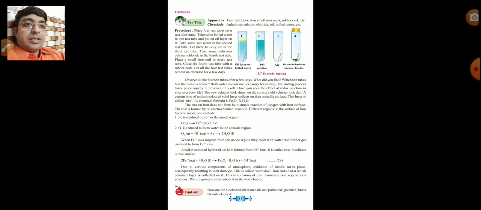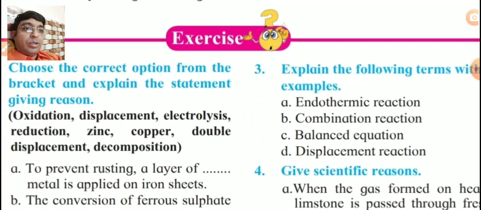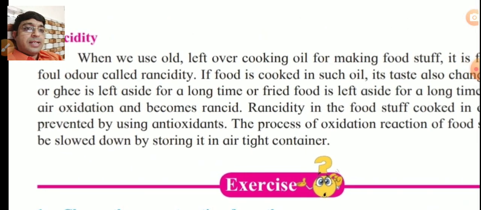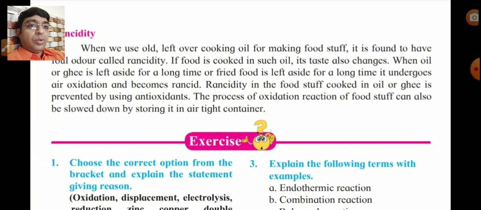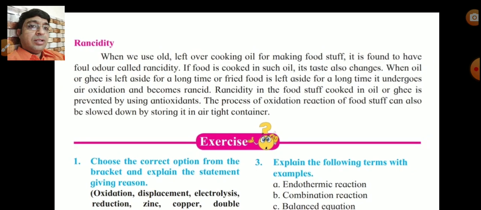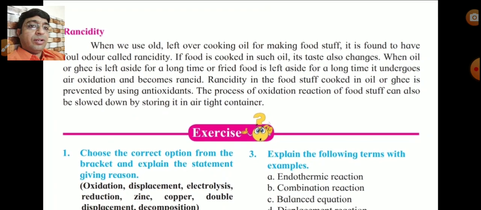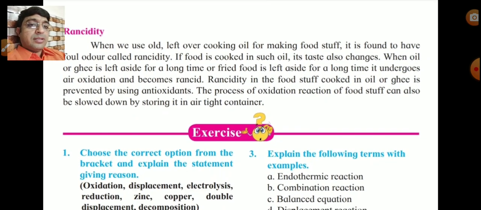Questions are asked related to this topic, like define rust, write down the formula of rust, define corrosion. The last point of this lesson is rancidity. When we use old leftover cooking oil for making foodstuff, it is found to have a foul odor, called rancidity.